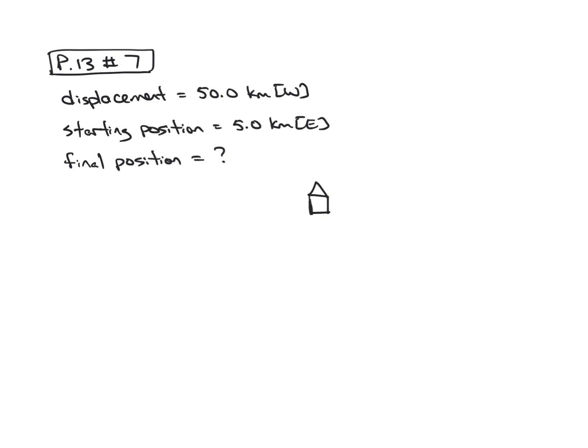Okay, so maybe that's some kind of a reference point, and the starting position is not at the house, it's 5 kilometers east of it. So there's the start. And this right here is 5.0 kilometers. They do use a language of north, east, south, and west, so I'll just draw myself a little compass here.